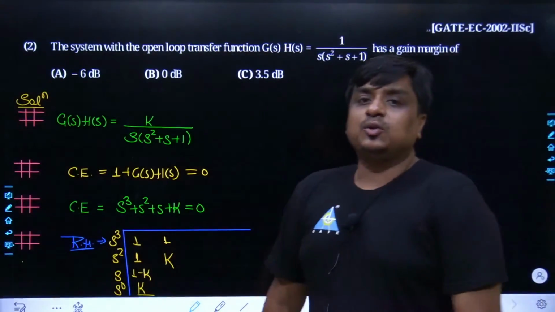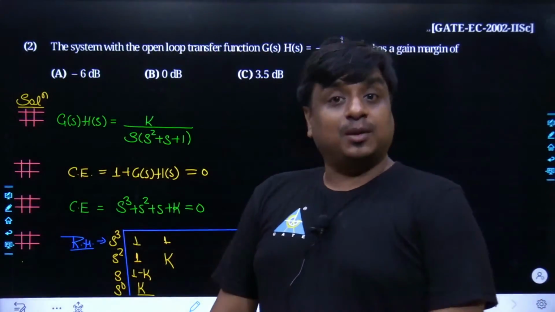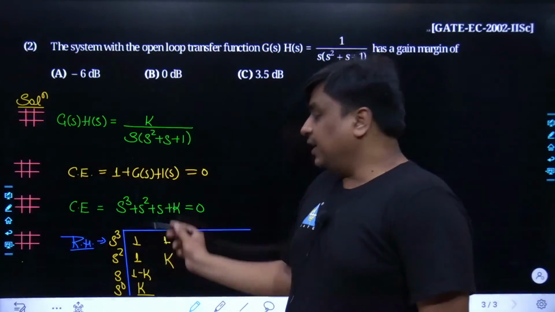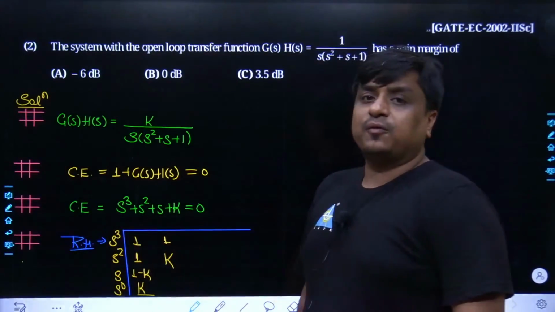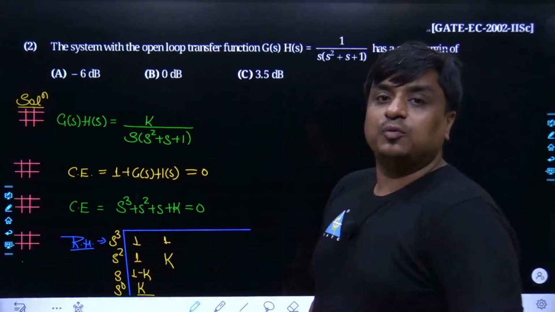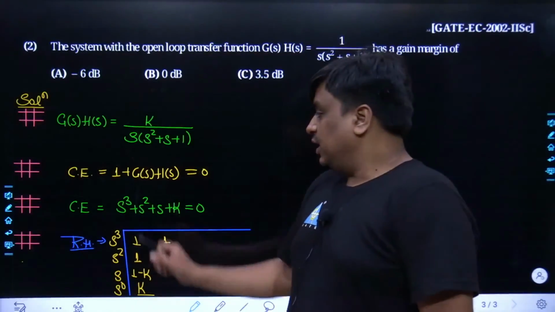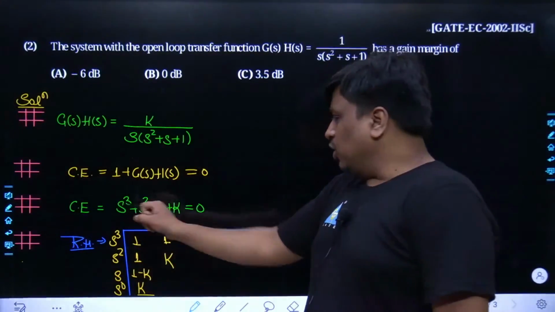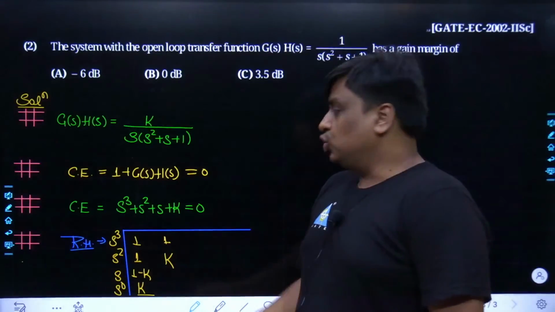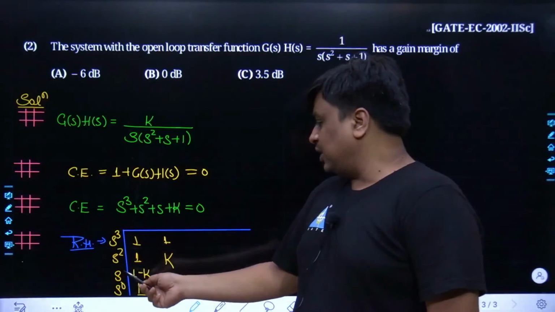Now we would try to calculate the range of K for which the system remains stable. For that we create a Routh-Hurwitz table. How many rows will be there? Within the Routh-Hurwitz, 4 rows would be there because it is a third order polynomial equation, or I can say a cubic equation. So it has s cube, s square, s naught.